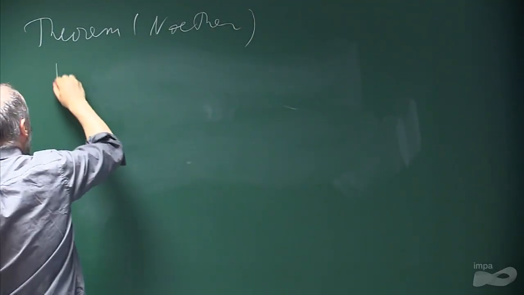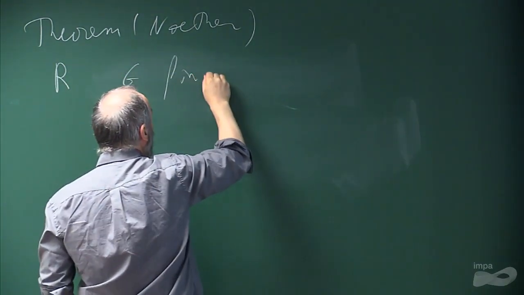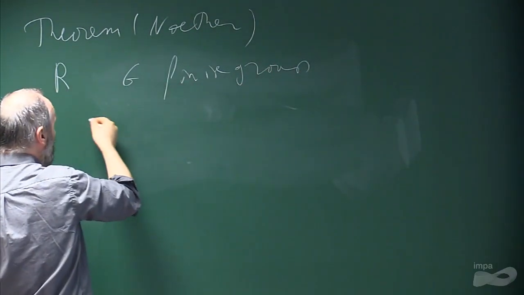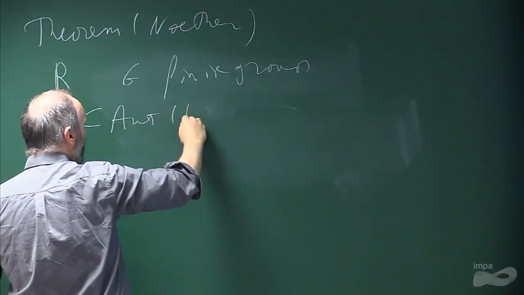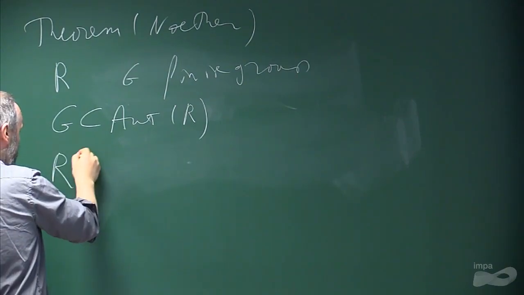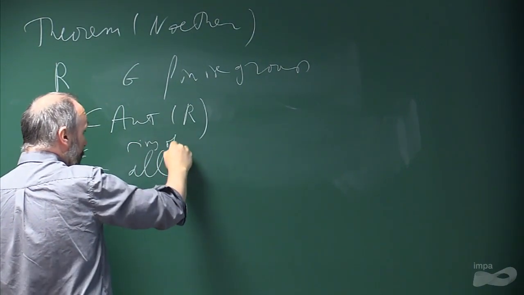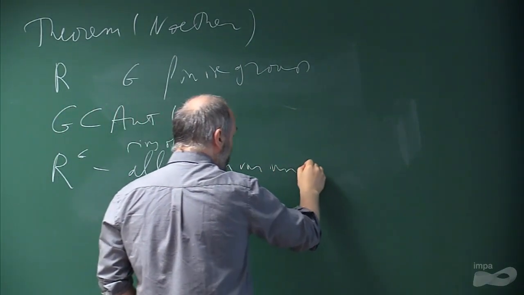That if you have a ring R and G a finite group acting on R by automorphisms, so G sits in the automorphisms of R, you can take the invariants R^G, the ring of G-invariant elements.